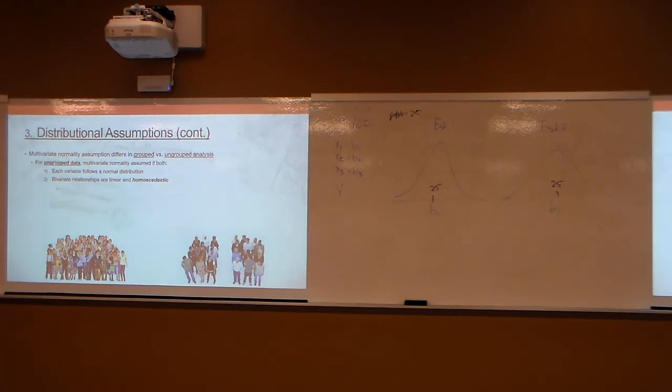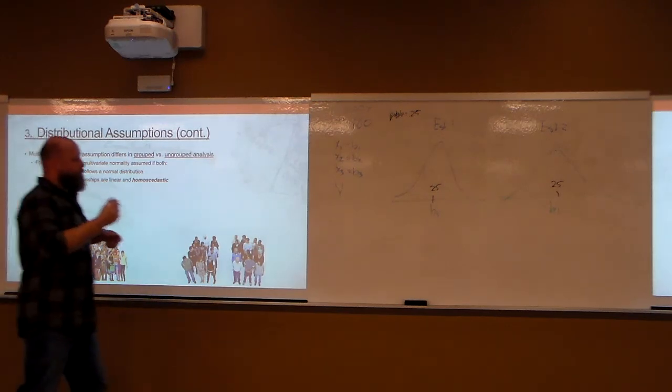For my regressions and things along those lines, if all of my individual variables have a semi-reasonable normal distribution and all bivariate combinations of my variables are not nonlinear and are homoscedastic, we'll talk about what that is. Basically, you're saying the same sort of pattern of variance across the whole set.